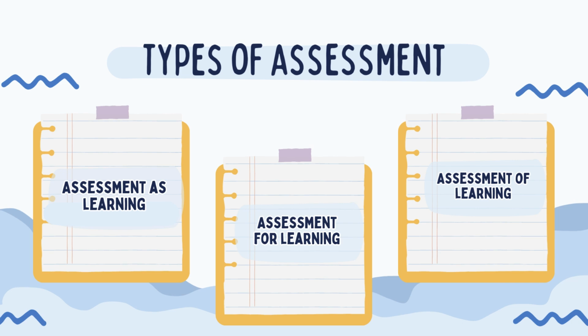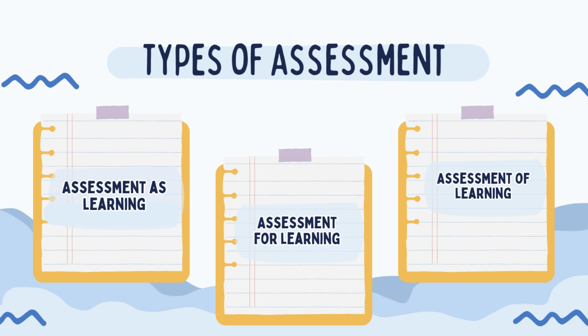Types of assessment. Number 1. Assessment as learning is assessment as reflection of the learning process. For example, students reflect on their learning or peer assess after a project to develop self-awareness of their learning process. Number 2. Assessment for learning is assessment for repairing the learning process.